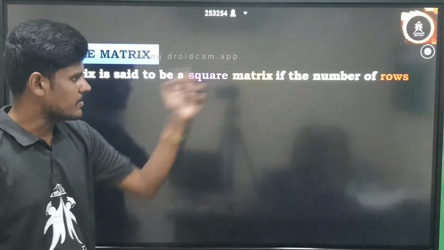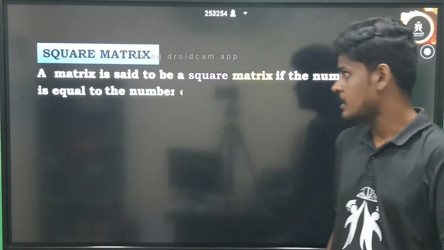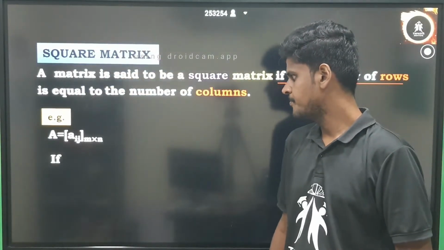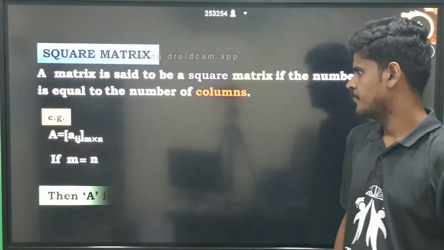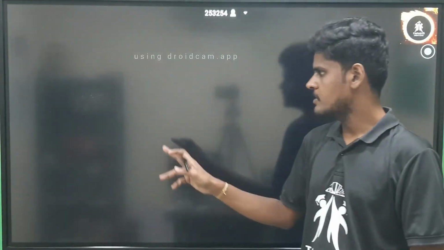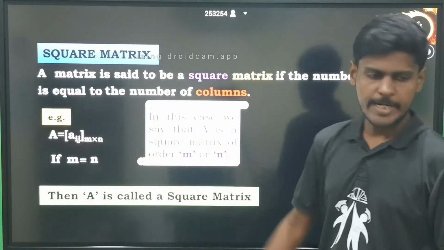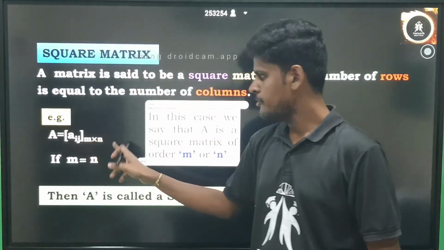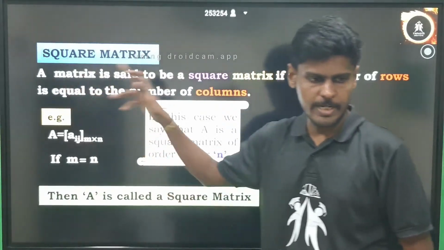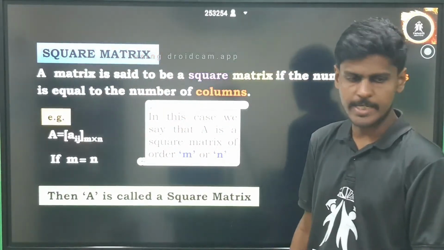So a matrix is said to be a square matrix if the number of rows and number of columns are equal, that is, m equal to n. Generally we write a square matrix as Aij of 3 by 3, 2 by 2, 4 by 4. Matrices of such types are called square matrices.